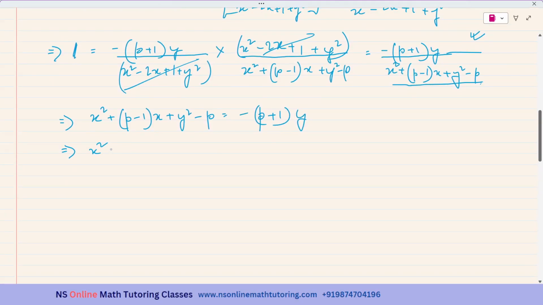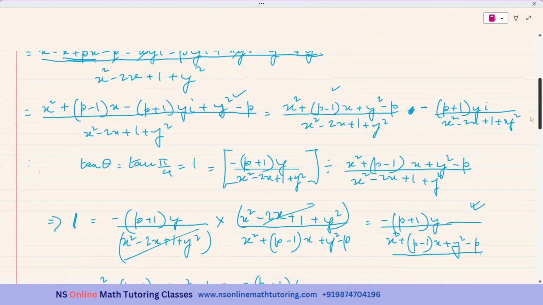So x square plus y square plus p minus 1 x, and now it becomes plus because I'm adding p plus 1 y to both the sides. So it is p plus 1 y, and then minus p is equal to 0.